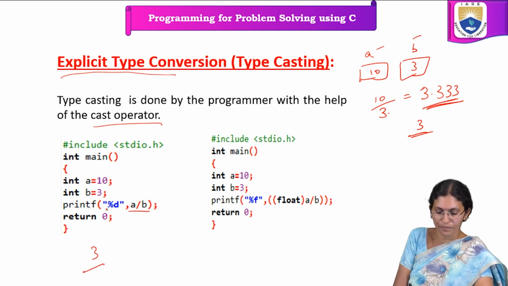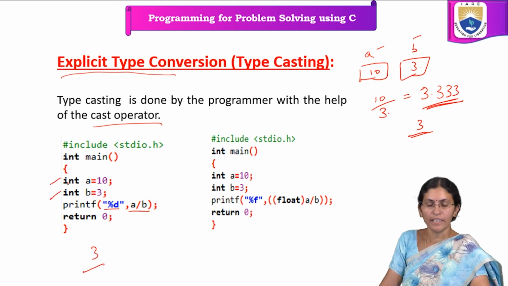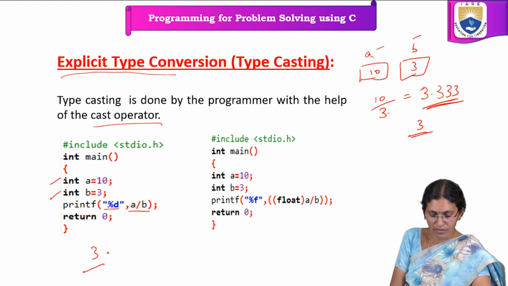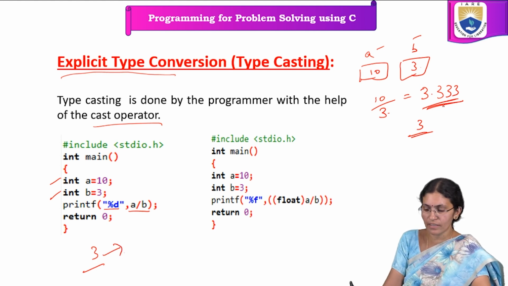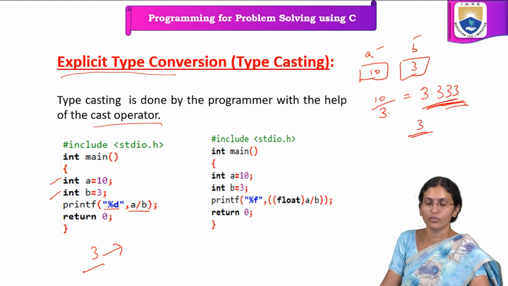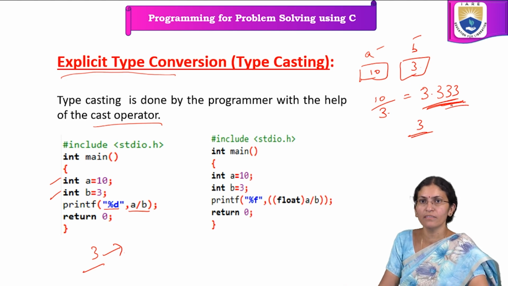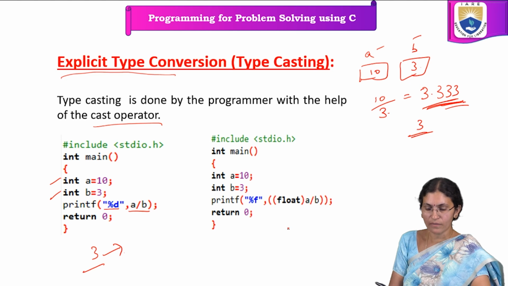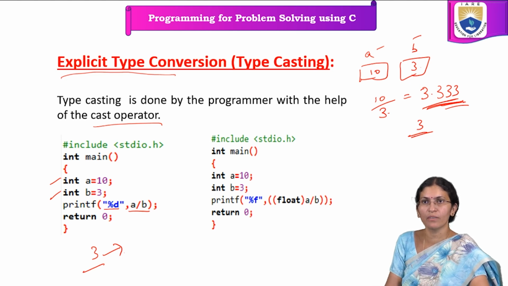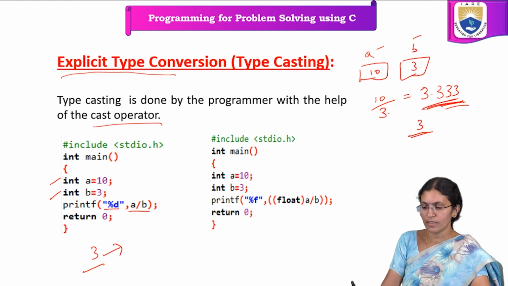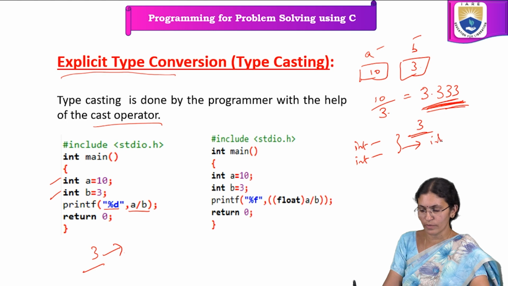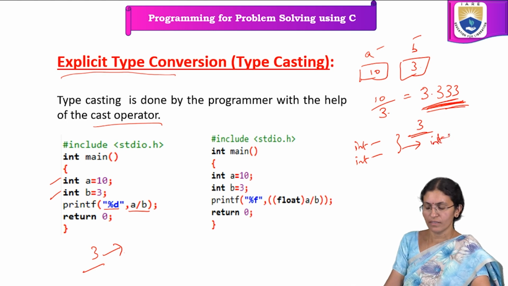Why? Because we have declared both the variables as integer type. Thus you can see that there is loss of the fractional part. In order to avoid this loss of data, we have to convert one of the variables to float type so that the result can also be float type. When you have one variable as integer and another variable also as integer, the output we get is integer only.